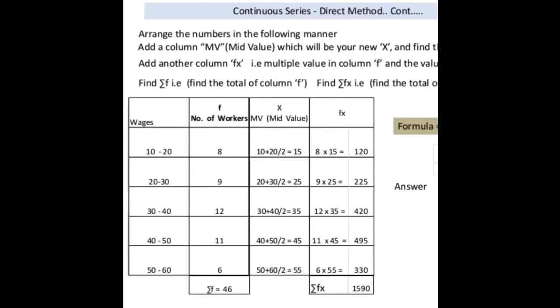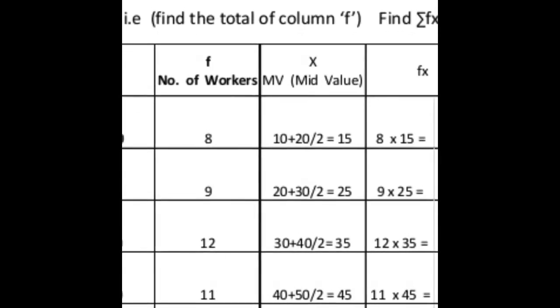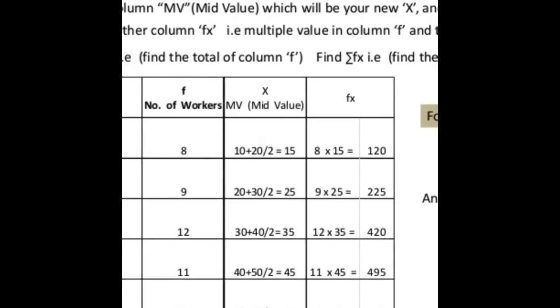Now once we have found the mid values, they will represent x for us in this case, and the next step is we multiply the individual frequencies with the values of x, that is, the mid values. In this case, the first frequency is 8 and the first mid value is 15.